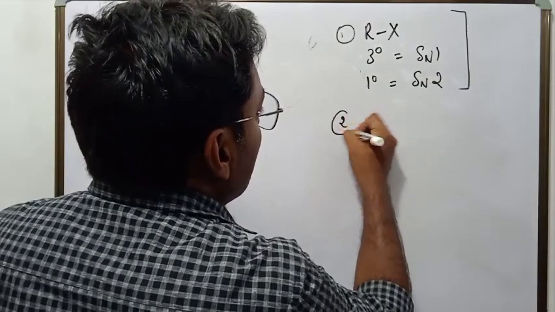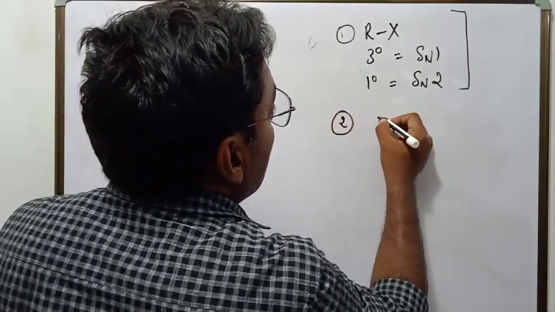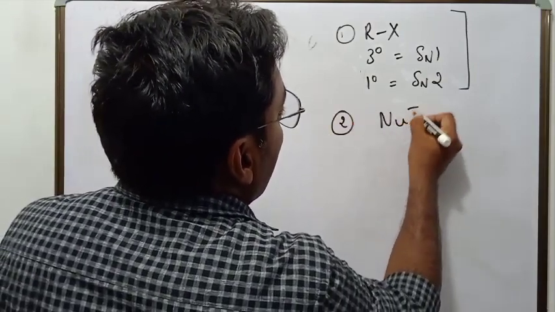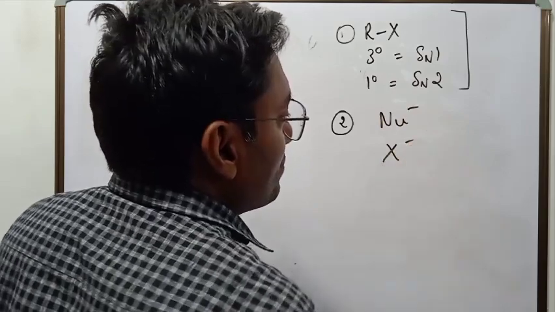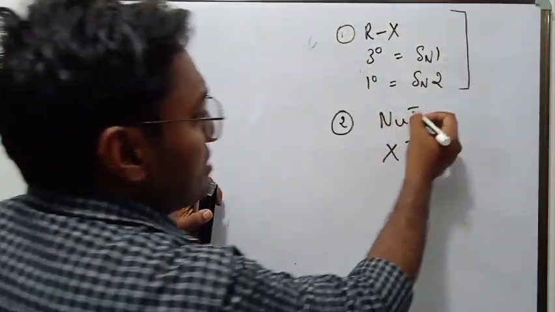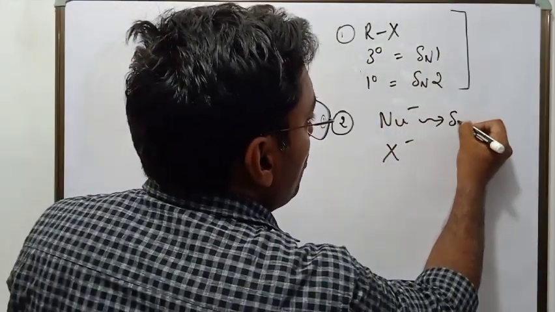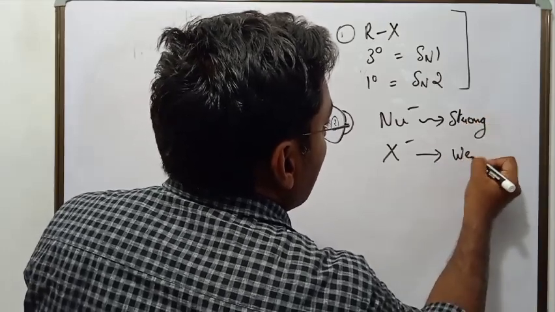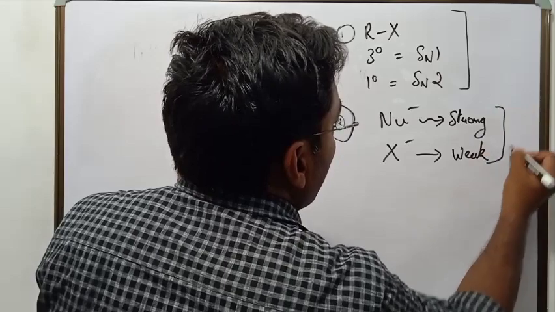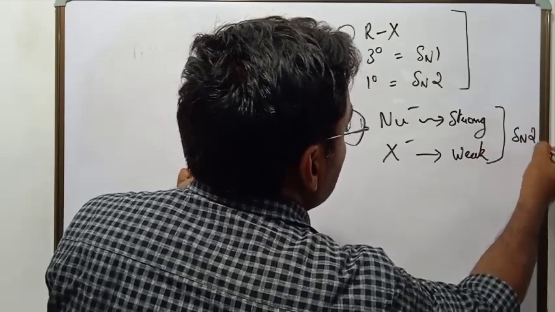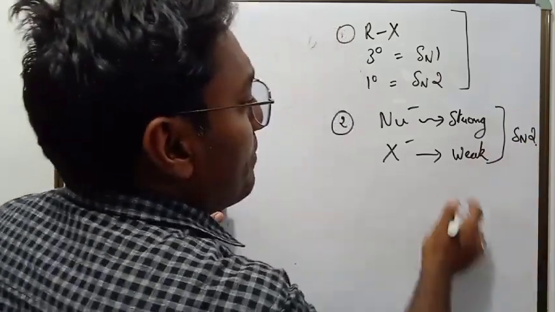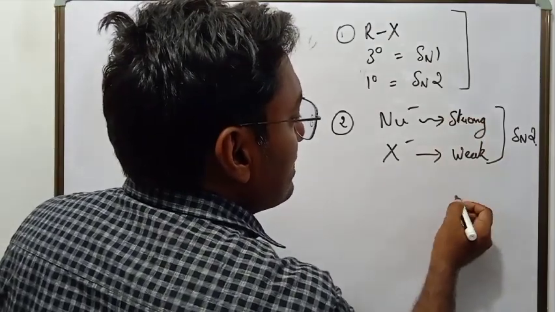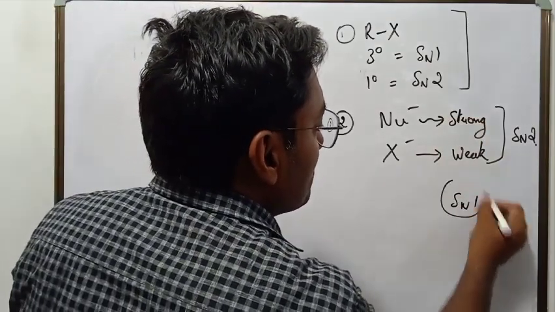The second factor that decides is the nature of the nucleophile and the nature of the leaving group, right? If the nucleophile is strong and the leaving group is weak, then it will proceed through the SN2 mechanism. But if vice versa is the case, then SN1 mechanism.